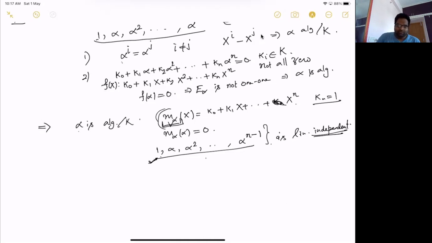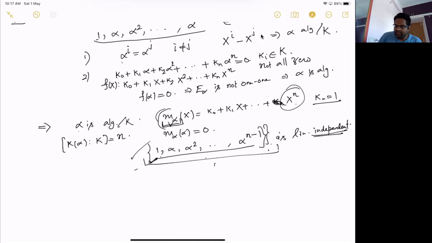Okay. So this is linearly independent, and our aim is to show that the degree of k alpha over k is n, where n is the degree of the minimal polynomial.